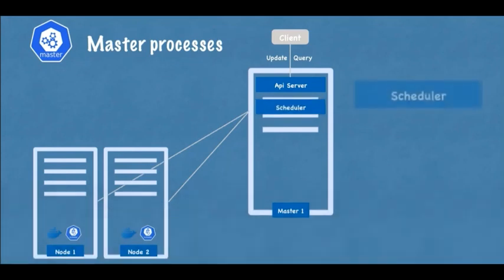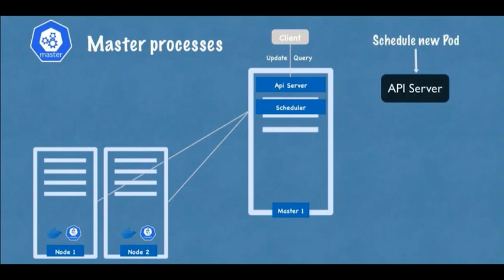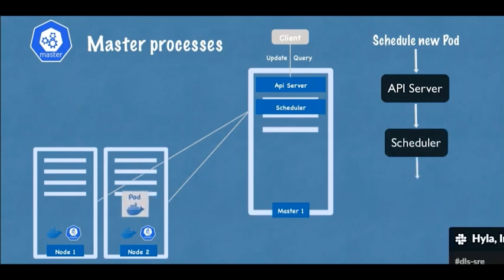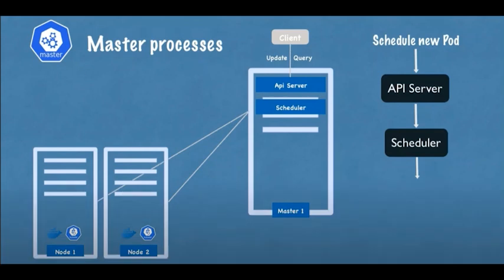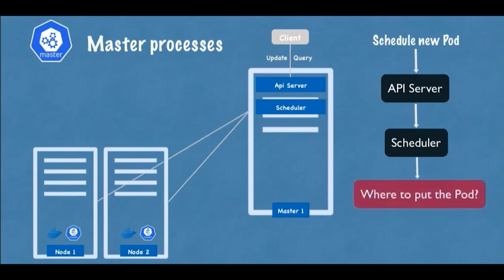If you send an API request to schedule a new pod, after the API server validates your request, it will hand it over to the scheduler in order to start the application pod on one of the worker nodes. Of course, instead of randomly assigning it to any node, the scheduler has an intelligent way of deciding which specific worker node the pod will be scheduled on.